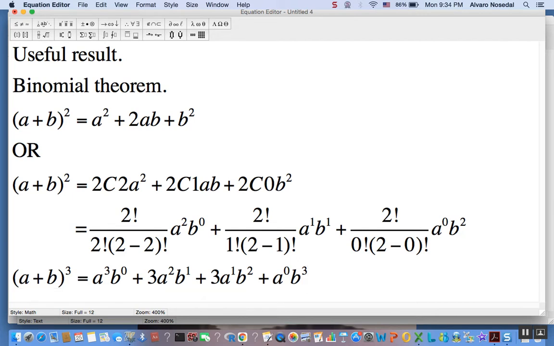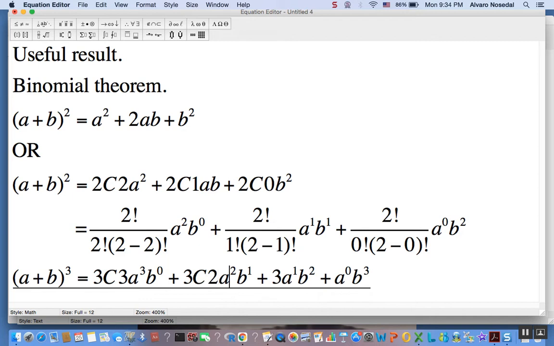Now let's talk about those coefficients that we have here. Let me write that down as 3 choose 3. This one, that 3, would be the same as 3 choose 2. This guy would be the same as 3 choose 1. And this guy here would be the same as 3 choose 0.